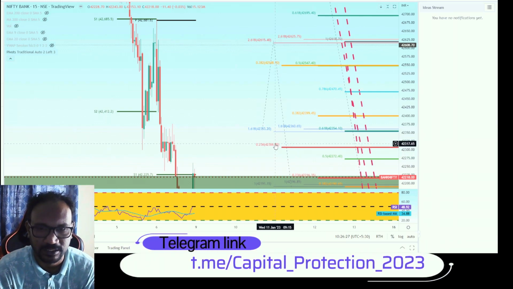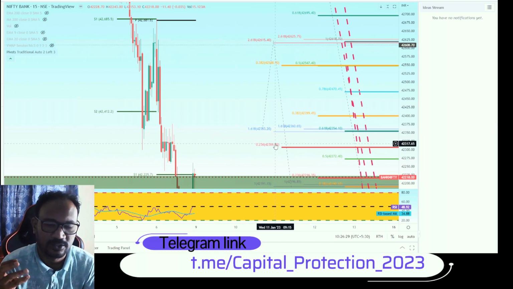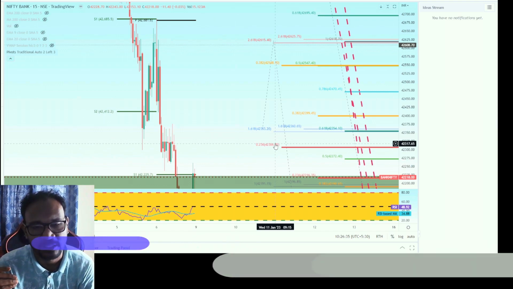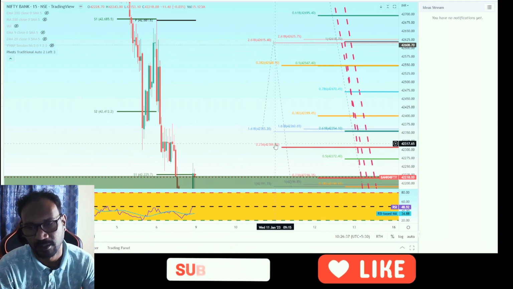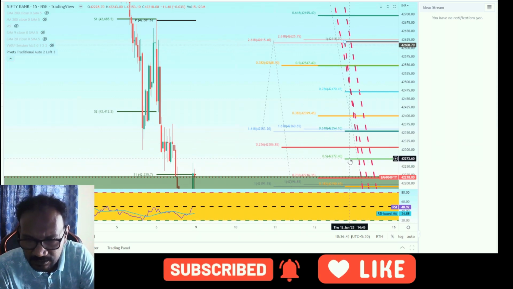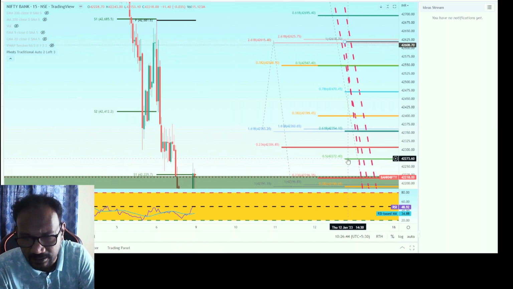What is most important in a Fibonacci tool is 38%, 0.5, that is 50%, and 61.8%. These are the three points which are extremely important. So I would consider this as one of the critical ones, and that is 272, right?